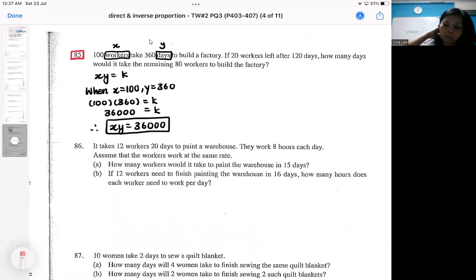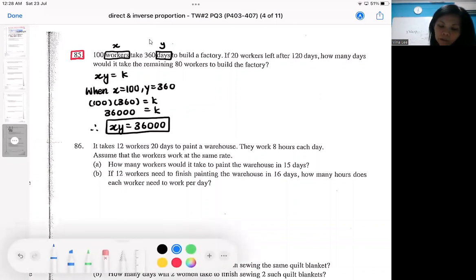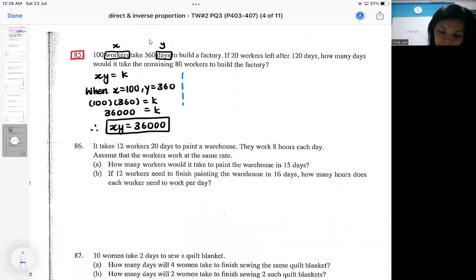So this equation is meant for the workers. Now, after 20 workers left, I'm left with 80 workers. So what is the critical thing? If there are only 80 workers, that means X is equal to 80.